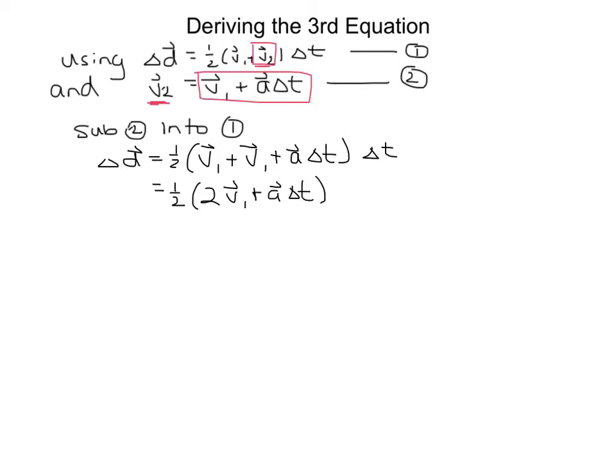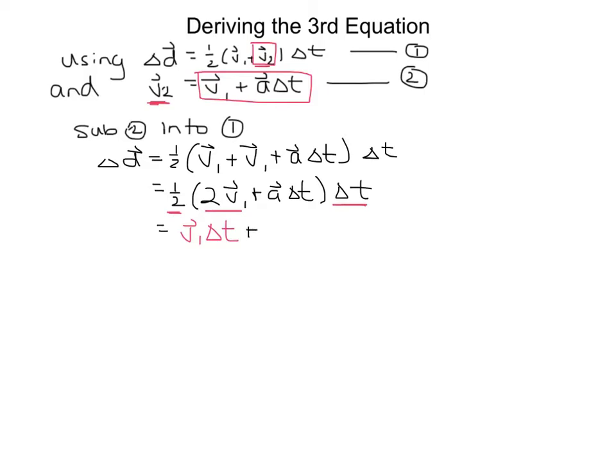And now we're going to have to multiply in the 1/2 and the delta t that are on the outsides. So 1/2 times 2 is 1. So we've got v1 times delta t. So this first step here is we're multiplying this and this and this, and it's going to give us v1 delta t.